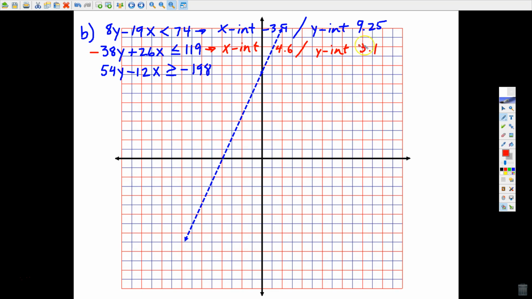I'm using a broken calculator, so the numbers don't show up real well. 3.1. Okay, let's go and plot those. So x-intercept, just a little bit more than 4.5. And we'll put it right there. Y-intercept, a little bit higher than 3.